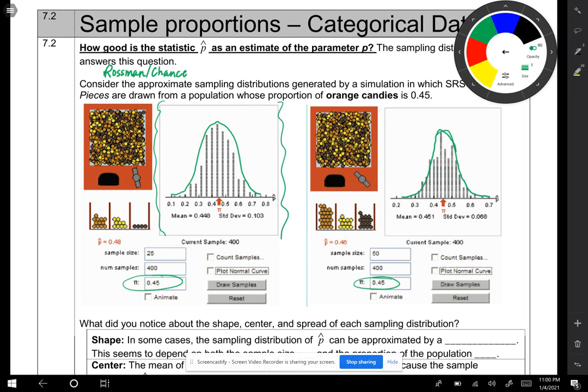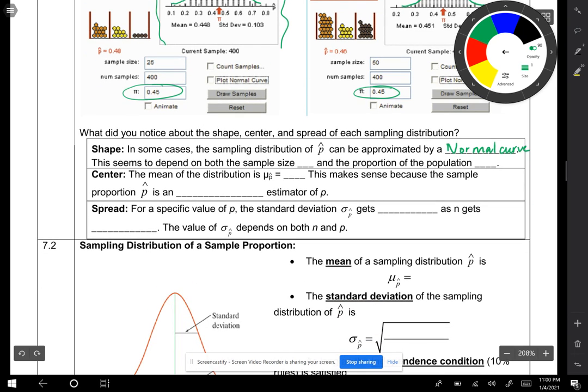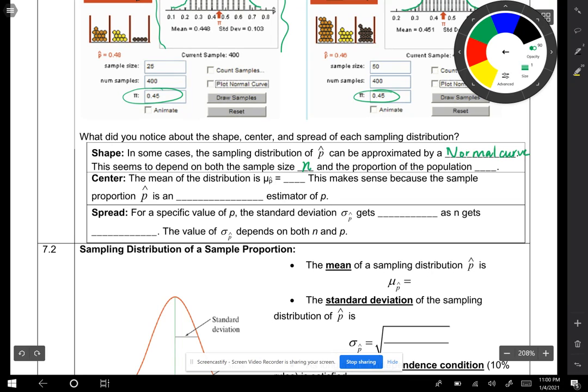So what did we notice about the shape, center, and spread of each sampling distribution? For the shape, in some cases, the sampling distribution of p hat can be approximated by a normal curve. This seems to depend on both the sample size n, so n is your sample size, and the proportion of the population, and that would be p.